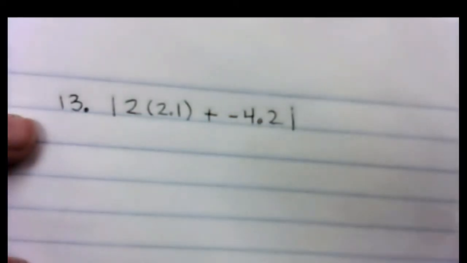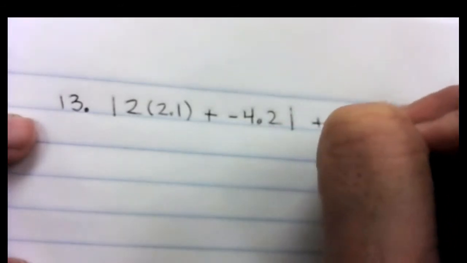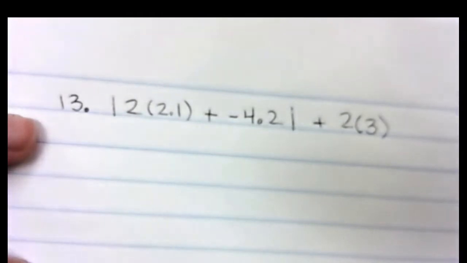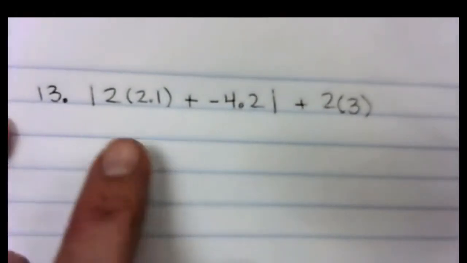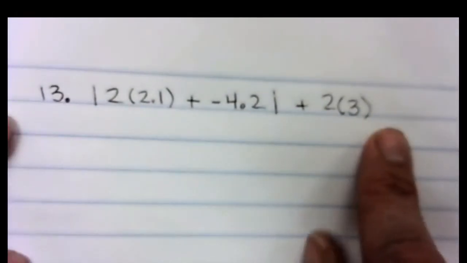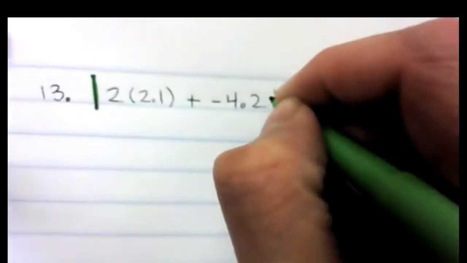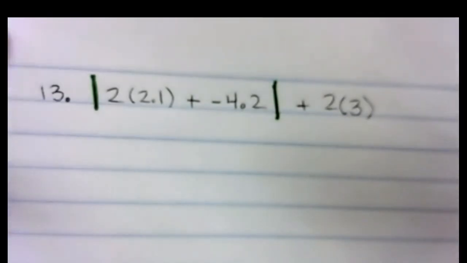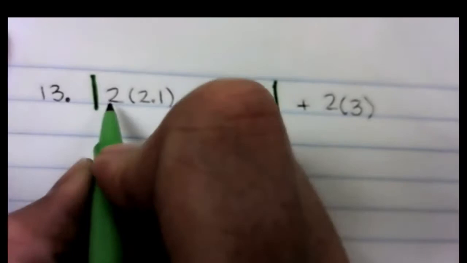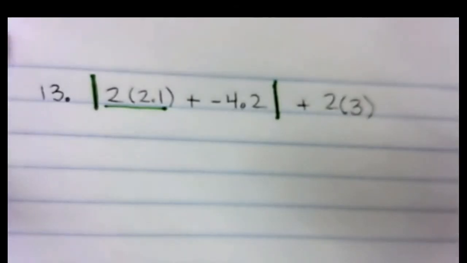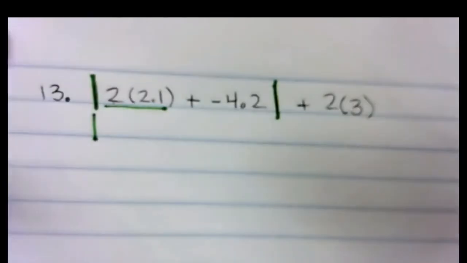Close your absolute value plus 2 times y, which is 3. So you have to fill in what you know, and then simplify. And remember, we're always doing the absolute values first because they're like a grouping term. And we start with our order of operations, which is multiplication. So you have the absolute value, 2 times 2.1.